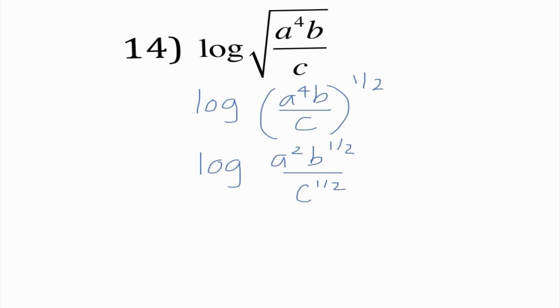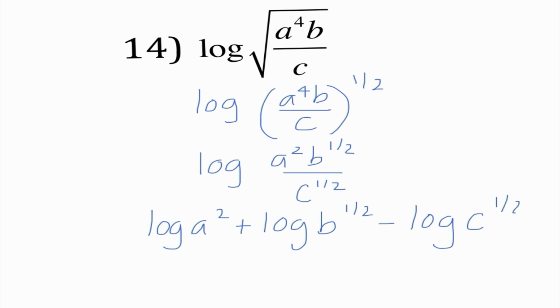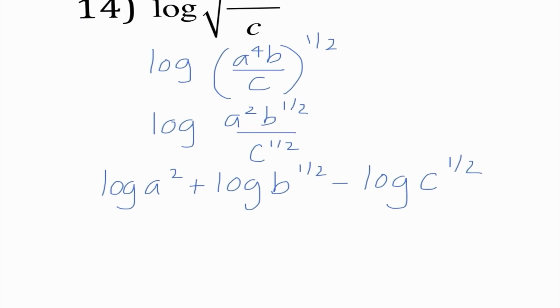And once again, that's because since this is a monomial inside my parentheses, I need to take each of these variables to the 1/2 power. I know when I'm taking an exponent to a power, we multiply. So now I'm going to have to expand. So I'm going to do log of a squared plus log of b to the 1/2 power minus log of c to the 1/2 power.